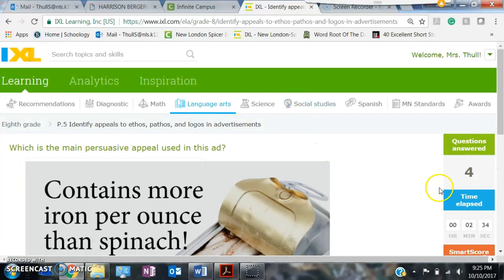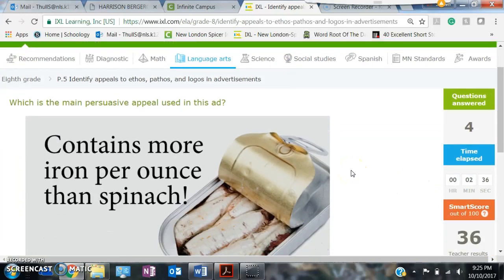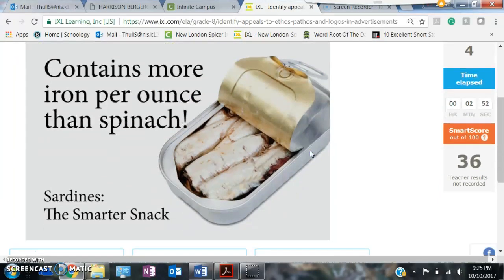Okay, so as you can see, you have to think about it critically. And once you get, I think it's into the 80s, it actually makes you pick a couple different ethos, pathos, or logos. You have to identify 2 of them. So make sure that you're taking your time and doing your best.